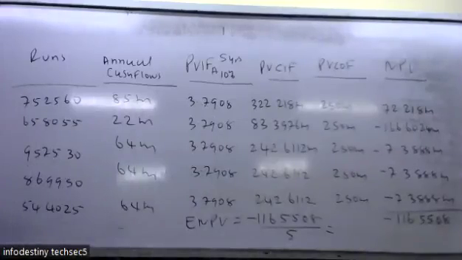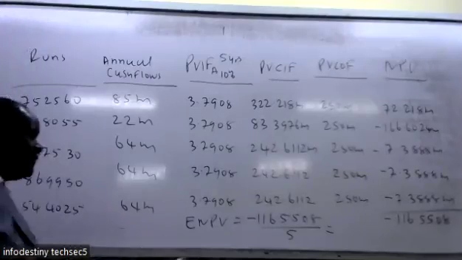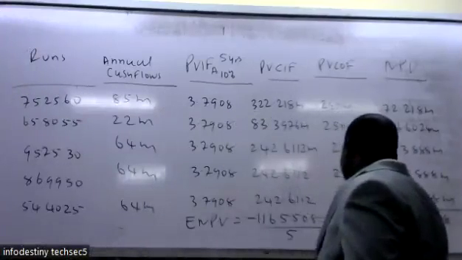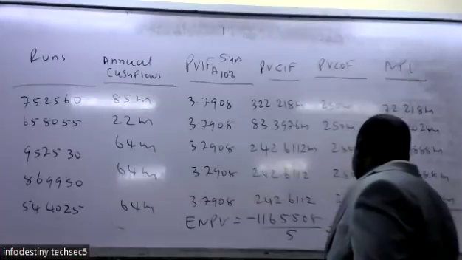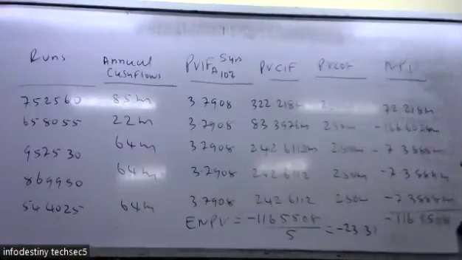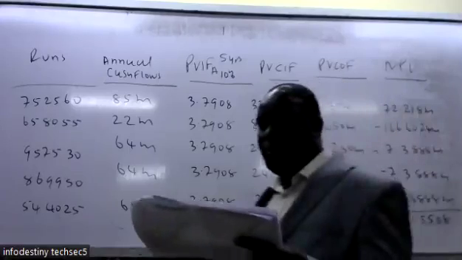We simply take the NPV that you calculated and divide by 5. Negative 23.31, like that. So that's now our Roman letter 2.